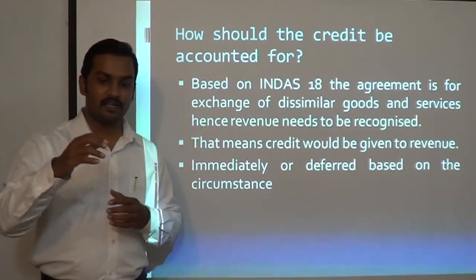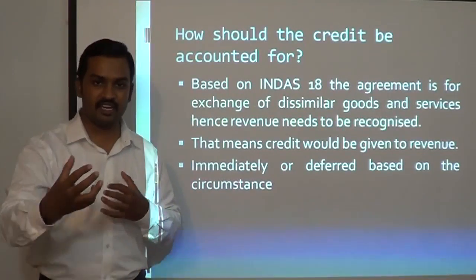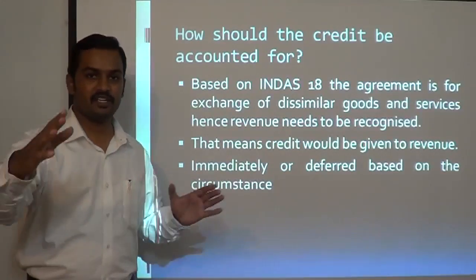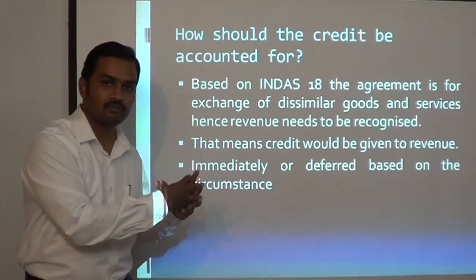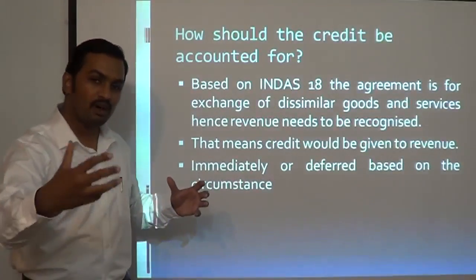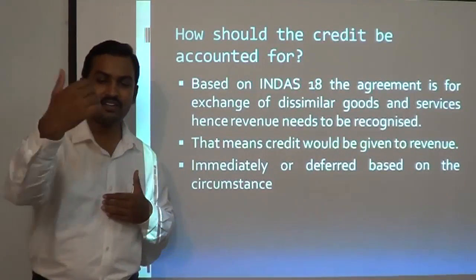Now see here, this Ind AS 18 prescription will apply because the entity is receiving an asset, an item of property, plant, equipment. In exchange, it is providing customer connection, or it is providing customer access to ongoing supply of goods and services, or both of them. So what I have received is equipment. What am I giving in return?